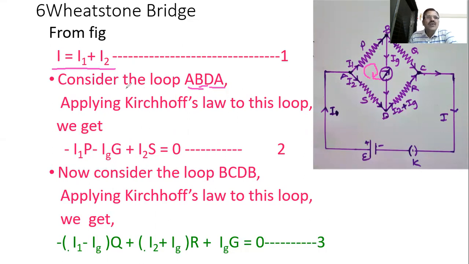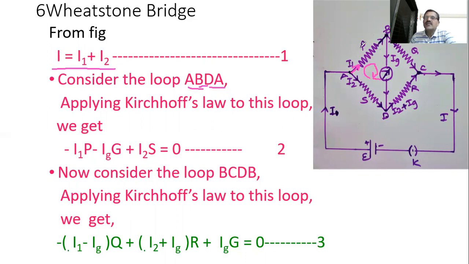So, consider the loop ABDA. Let's apply Kirchhoff's second law to this loop. First, let's go from A to B. The direction of tracing is from A to B, and the direction of current I1 is also the same. Therefore, the potential difference across this resistance P will be negative.